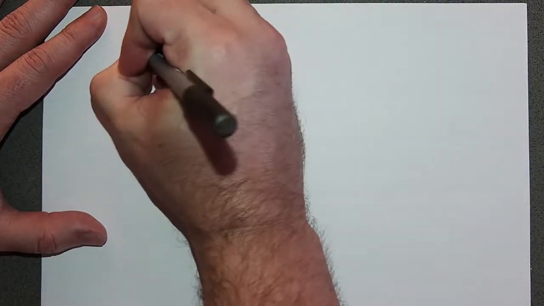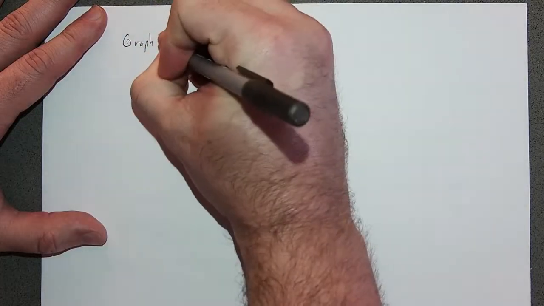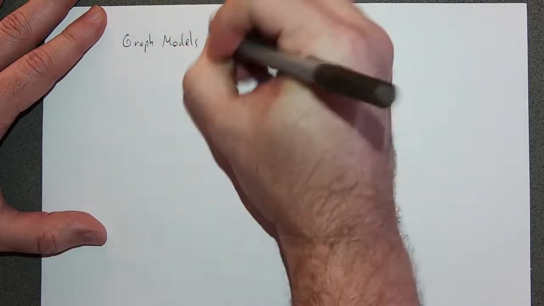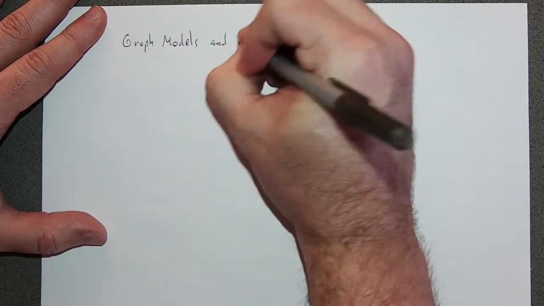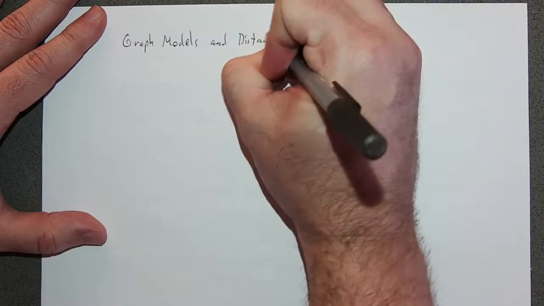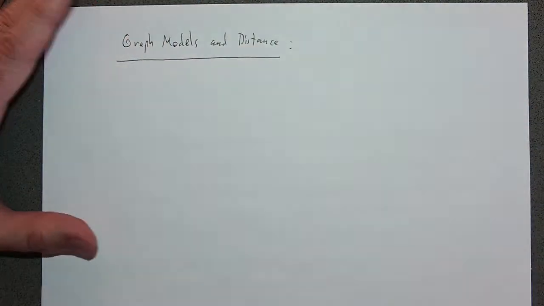But maybe you want to talk about how this applies to something else you might be more interested in. So, how about this notion of distance when used specifically for a situation where a graph is a model for something?